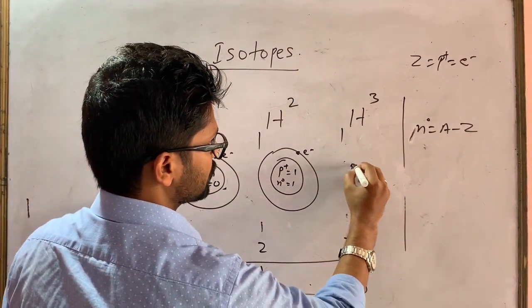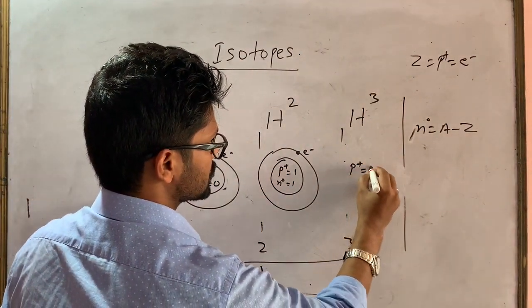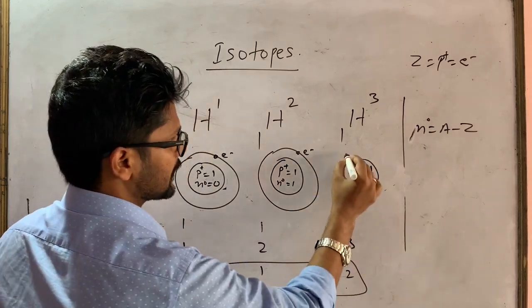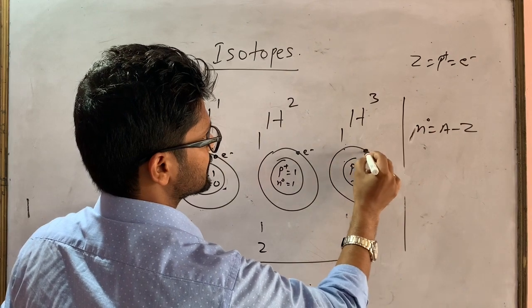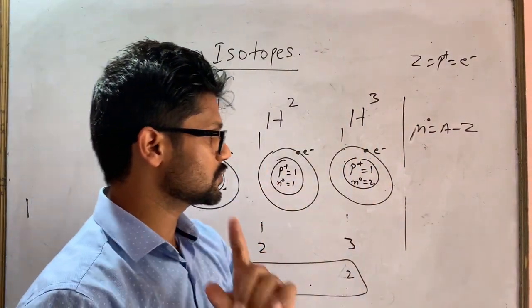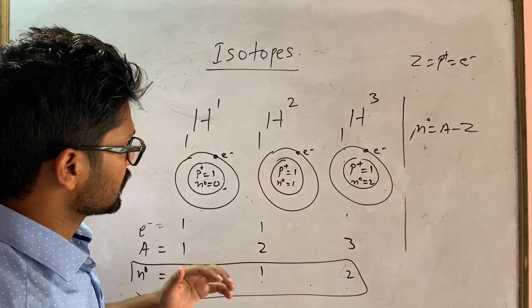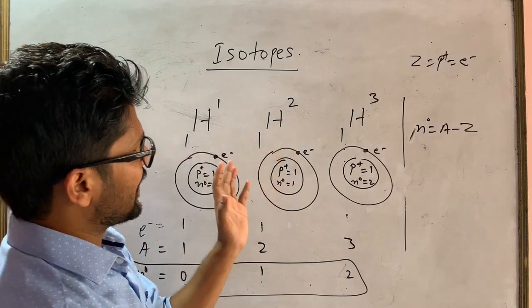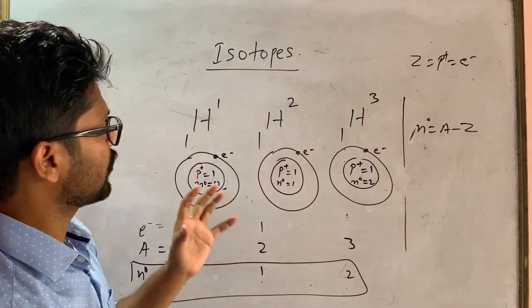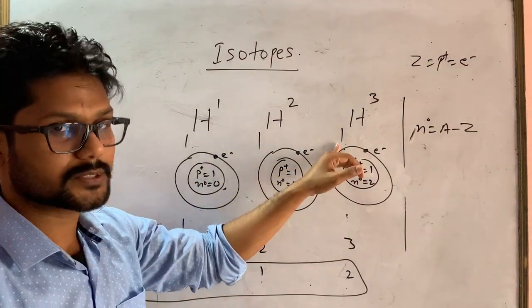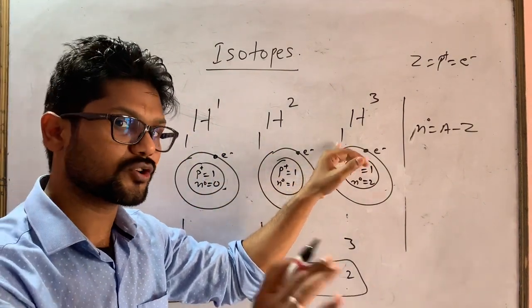And similarly for the third, proton is 1 but neutrons are 2 in the nucleus, and then the K shell is present and will also contain the same number of electrons, that is 1. So you can see that all the isotopes of hydrogen have the same number of protons, or you can say the same atomic number.